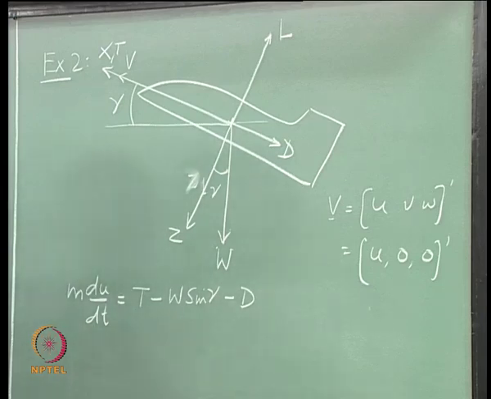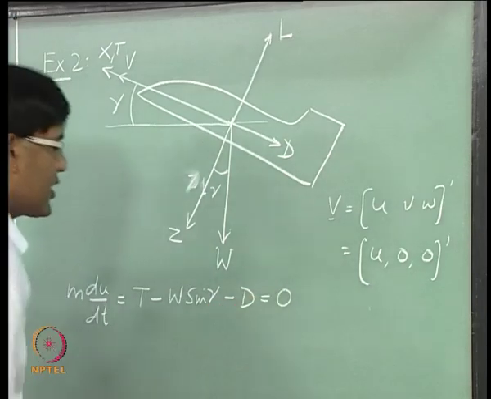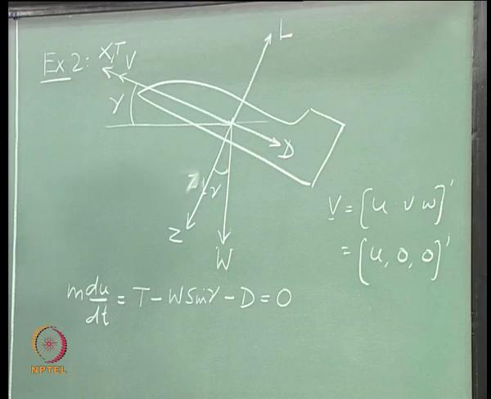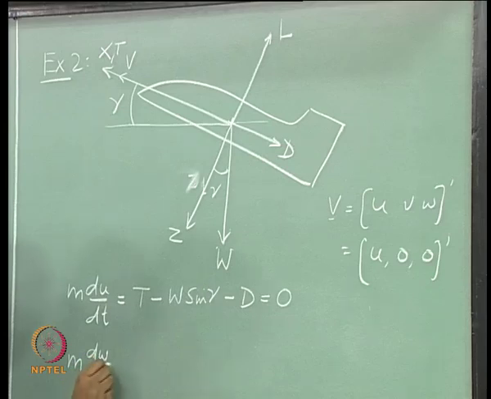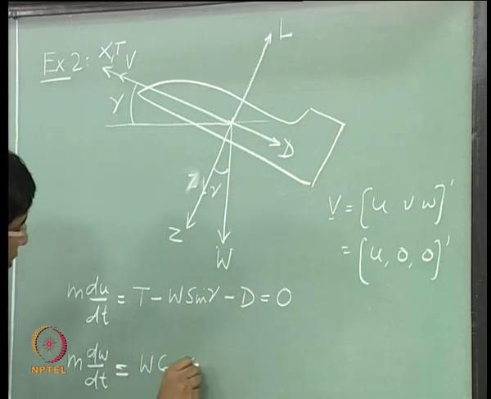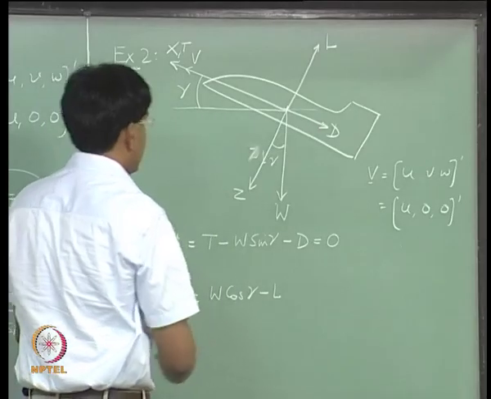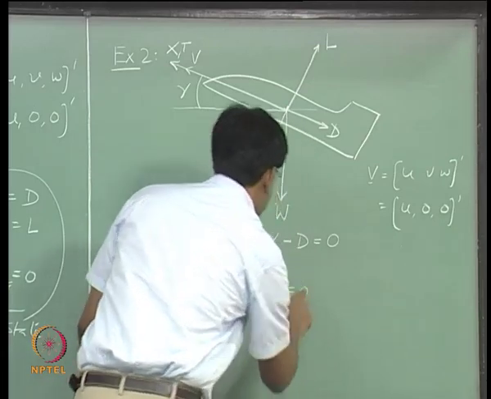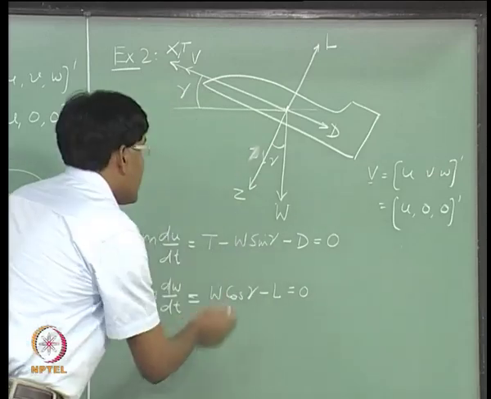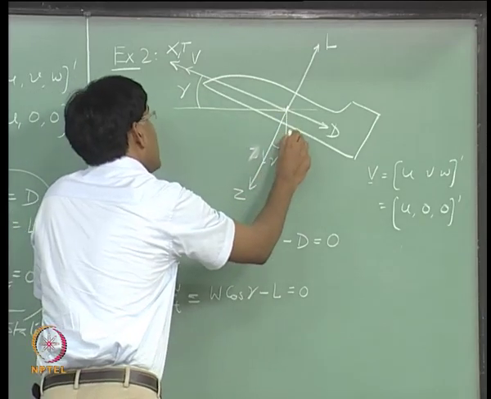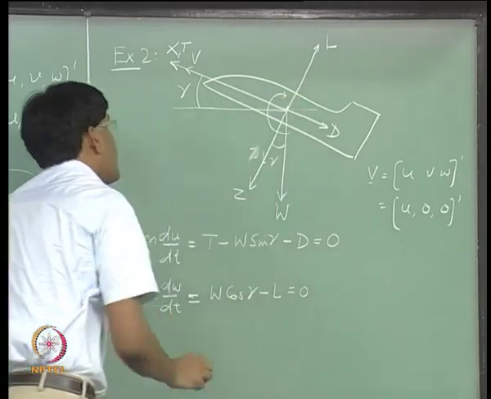All right. So, this has to be set to 0 to find the equilibrium state, and the motion in the z direction is given by this, which has to be 0 at equilibrium state, and the moments also have to be balanced.